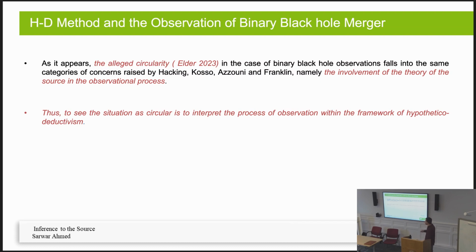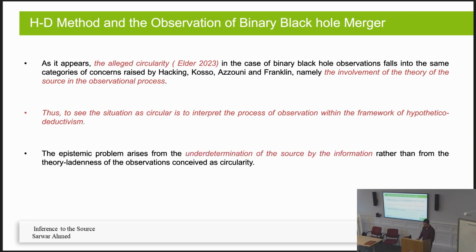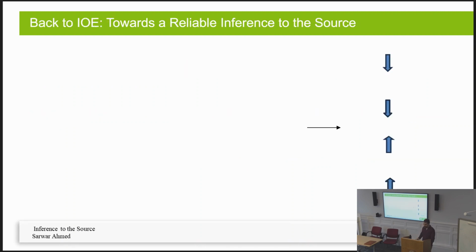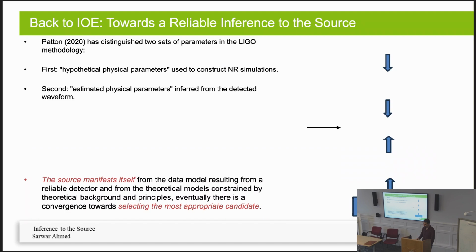But to see this situation as circular is to interpret the process of observation within the framework of HD. And as we have seen, the epistemic problem arises from the indetermination of the source by information other than theory-datedness or circularity. To illustrate this more, let me put it like that.